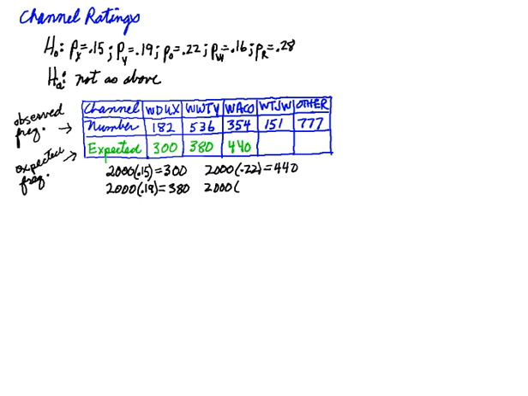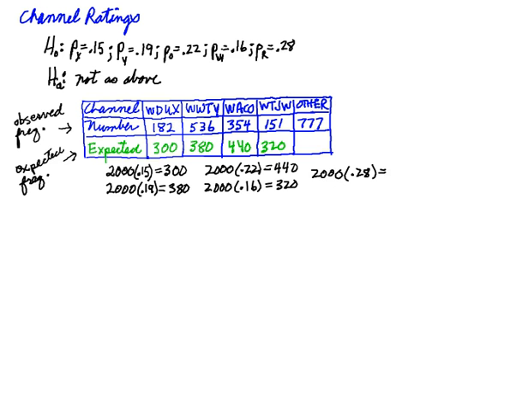WTJW, we would have expected to see, if the null is correct, we're assuming the null is correct, 16%, or 320. What we saw from our sample was 151. And then lastly, out of our sample of size 2,000, 28% we would have expected to go to other stations.